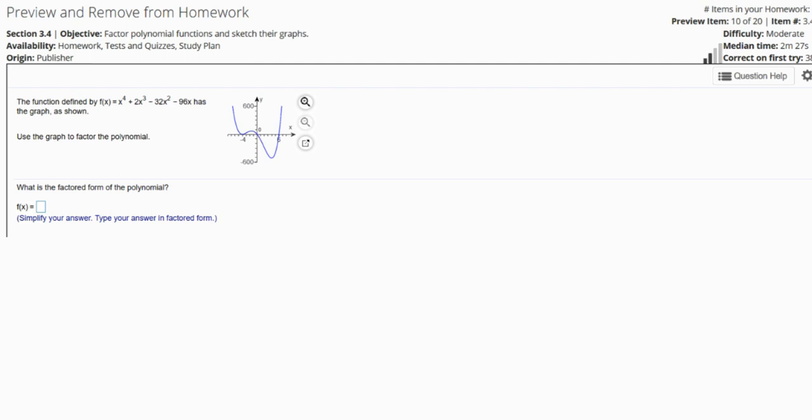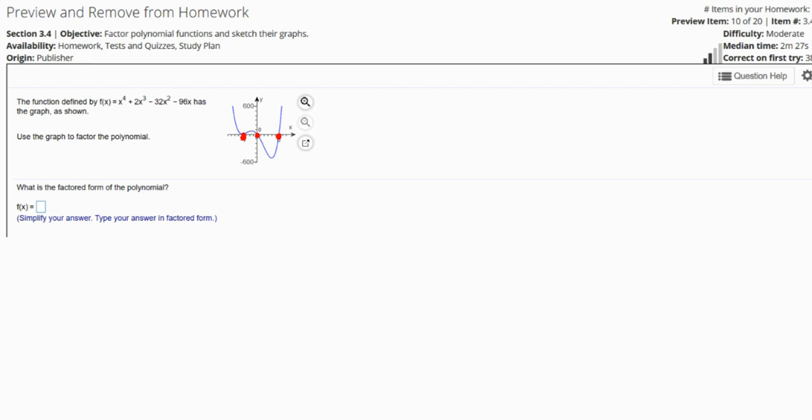Now we can do this because we know that wherever the graph touches or crosses the x-axis, those would be zeros of the function. And it appears by looking at this that the graph touches right here, here it crosses, and here it crosses. So we have a touch and two crosses.